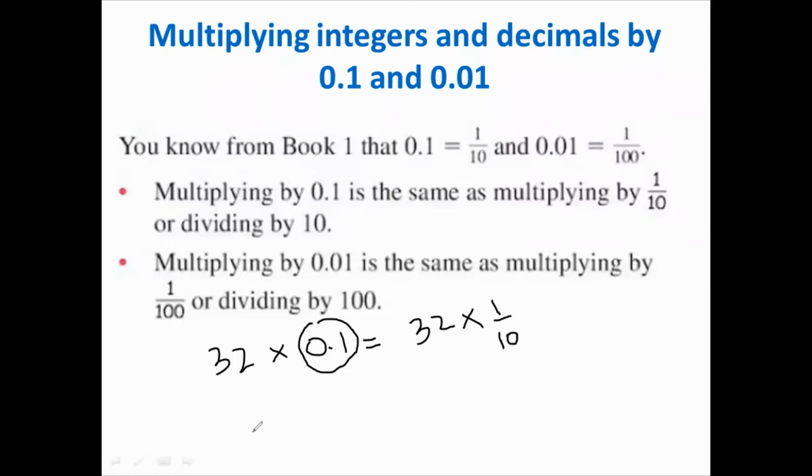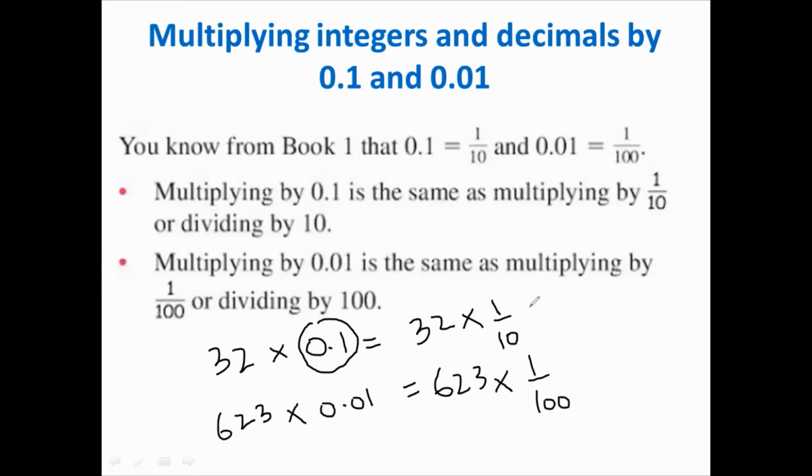And similarly, if you have to multiply any number, for example 623, by 0.01, 0.01 can be written as 1 over 100. So it is the same as 623 multiplied by 1 over 100.